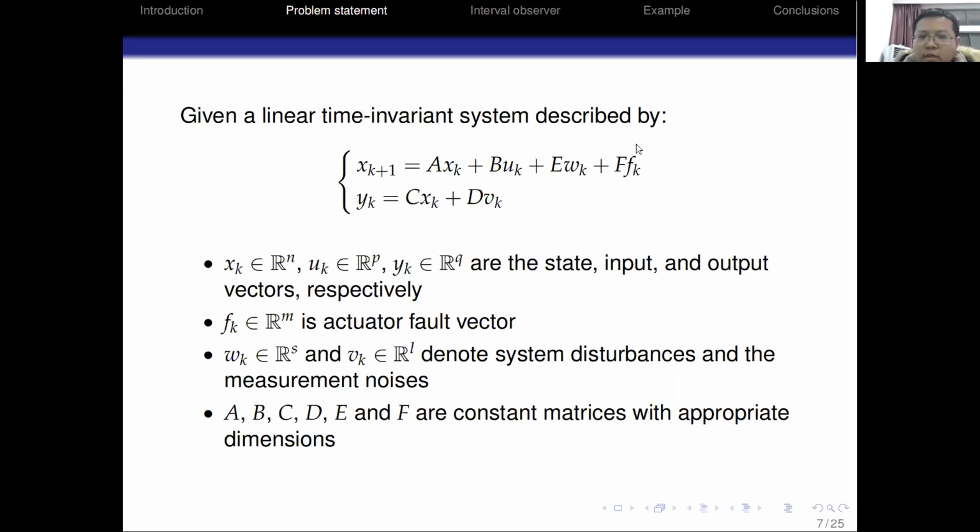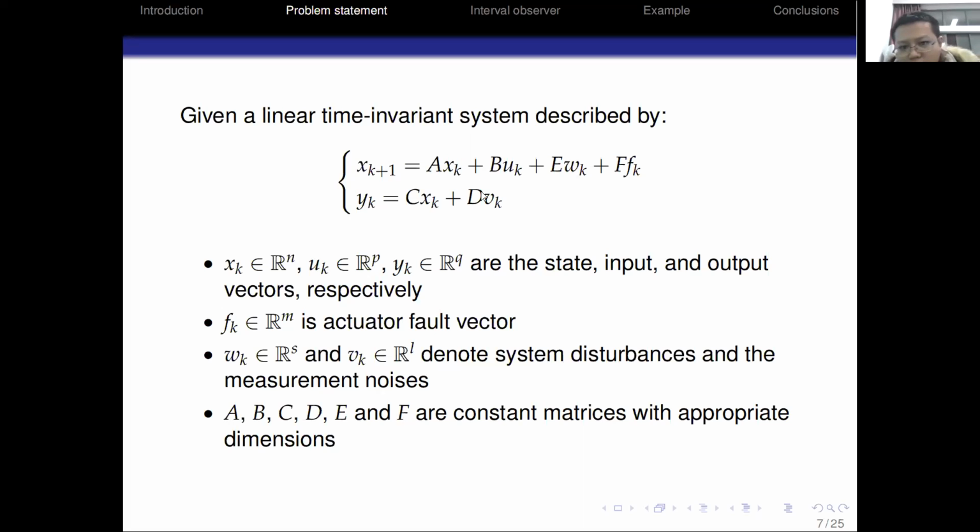And fk is the actuator fault vector. The noise term and the disturbance are omega and v in these two equations.